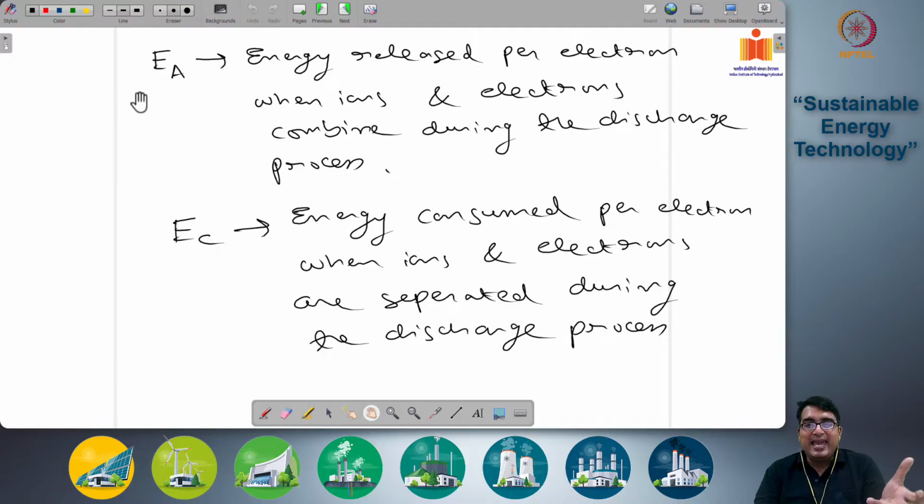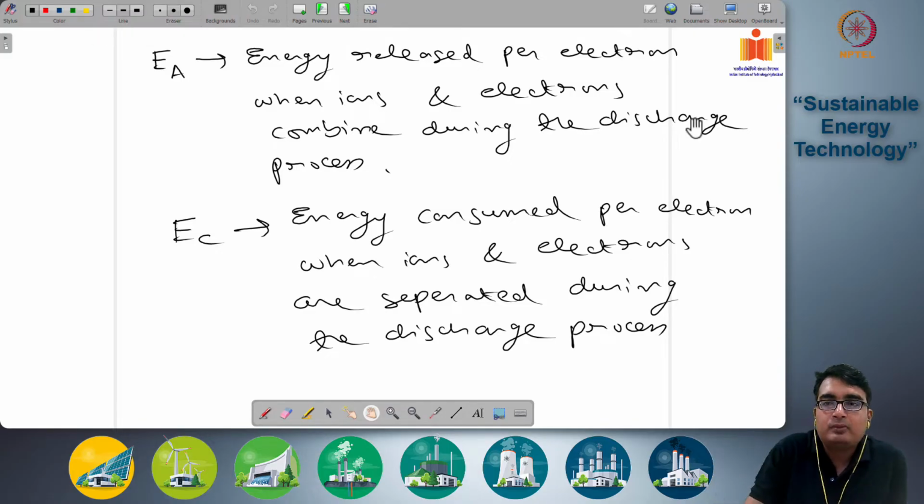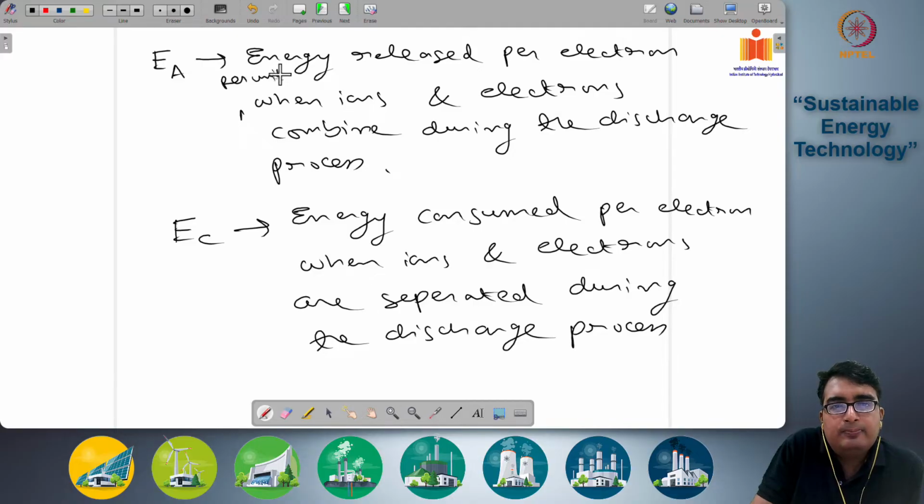So if EA is the energy released per electron per unit time when ions and electrons combine during the discharge process, so let's write that also: energy released per electron per unit time.